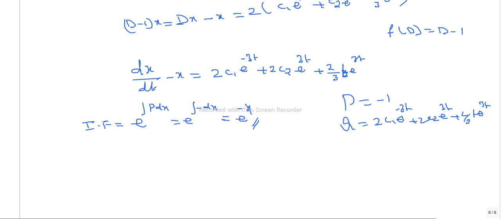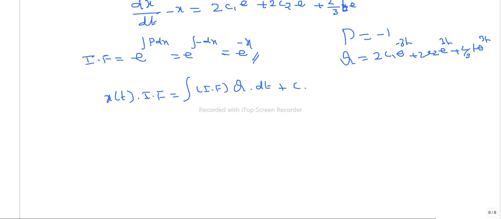Therefore what is the solution? x of t into the integrating factor equals the integral of integrating factor into Q into dt, because the independent variable is t. So now substitute the integrating factor, and then we get x of t.